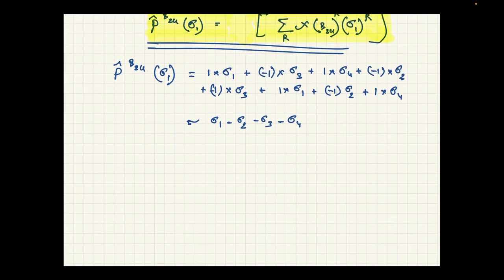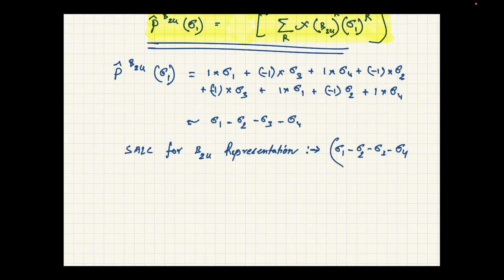so the answer will be: the SALC for the B2U representation will be sigma 1 minus sigma 2 minus sigma 3 minus sigma 4, this combination.